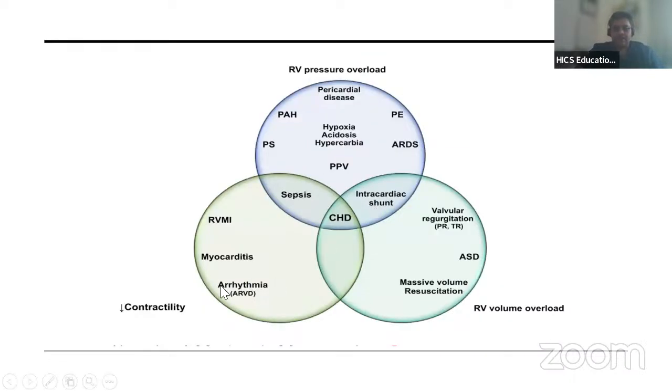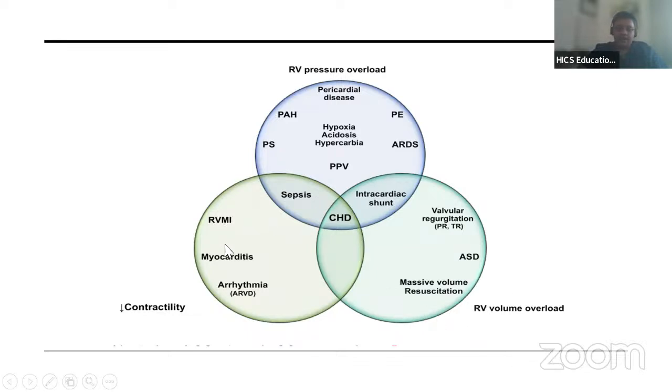So look at the various conditions. You have pericardial disease, pulmonary embolism, ARDS, positive pressure ventilation, hypoxia, pulmonary stenosis, and pulmonary artery hypertension, which all produce RV pressure overload. Whereas valvular regurgitations, atrial septal defects, and large volume fluid resuscitation, very common in intensive care units, can produce RV volume overload.